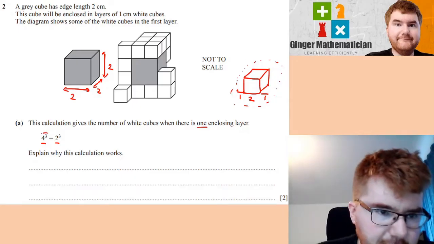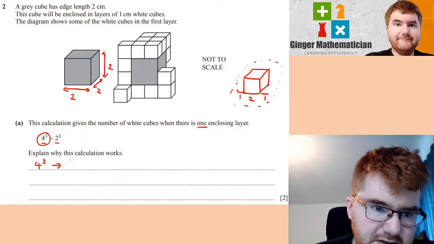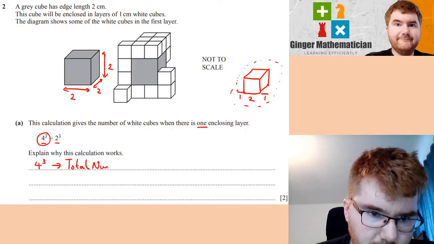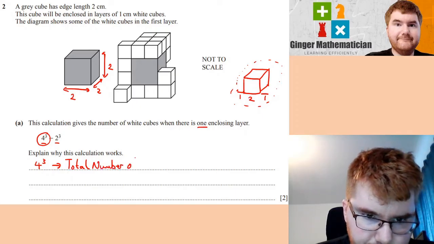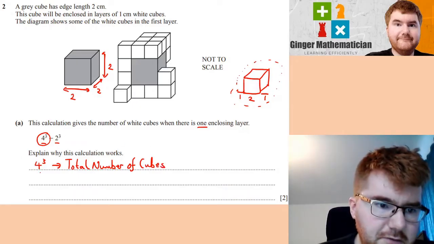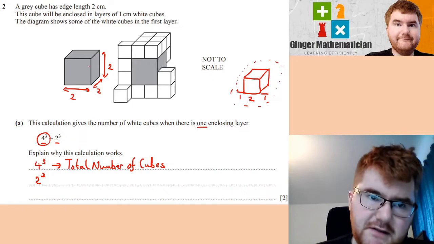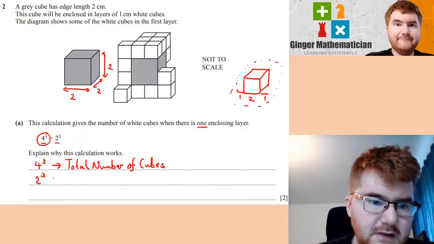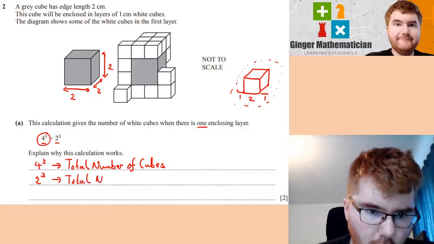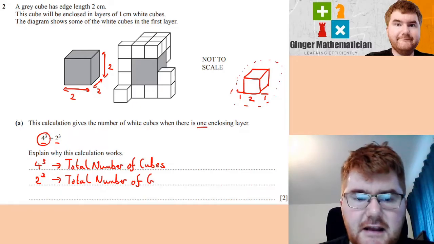So this part of the formula here, this 4 cubed, this represents the total number of cubes. The 2 cubed, however, that's going to represent the amount of space in that grey shape. So 2 cubed is the total number of grey cubes. Notice I'm not writing an essay here.